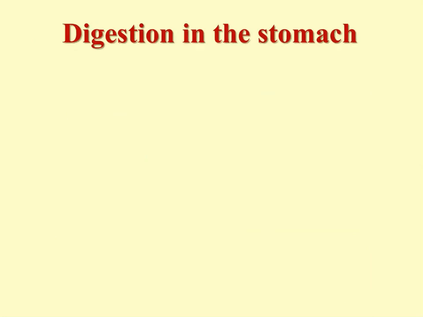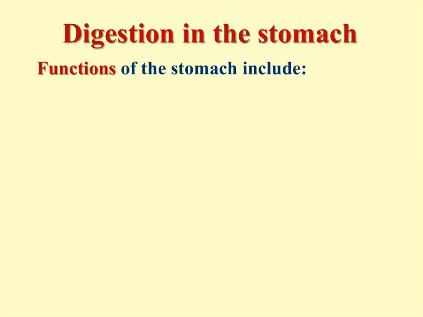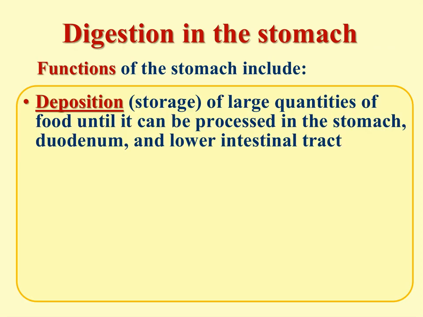Then we move to the digestion in the stomach. First, functions of the stomach. And surprisingly, perhaps digestion, exactly the digestive part of the functions of the stomach, is not the main one.